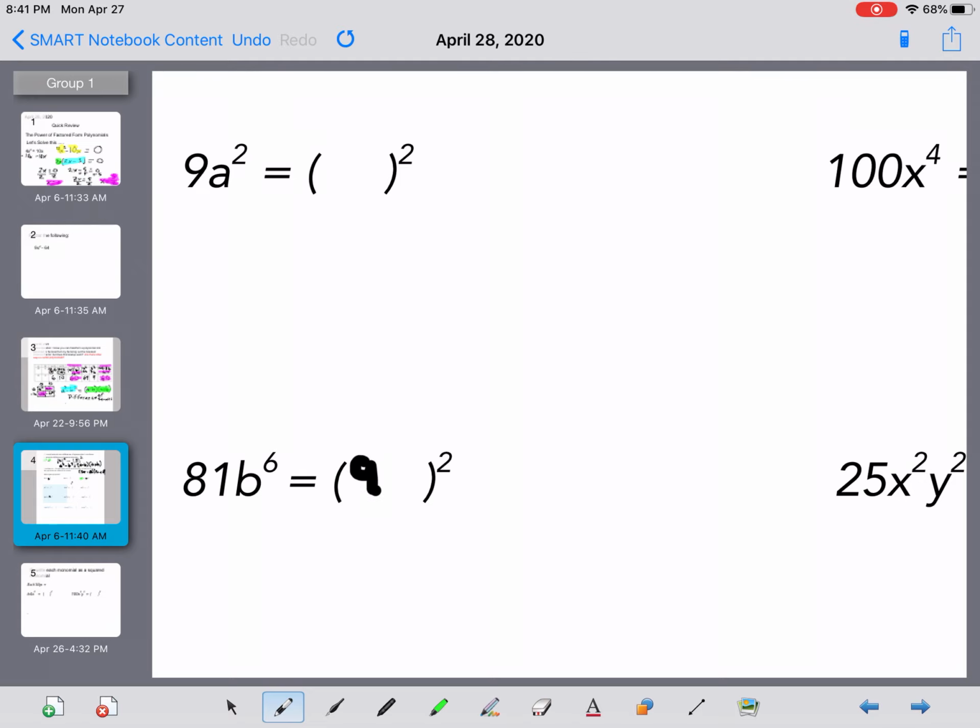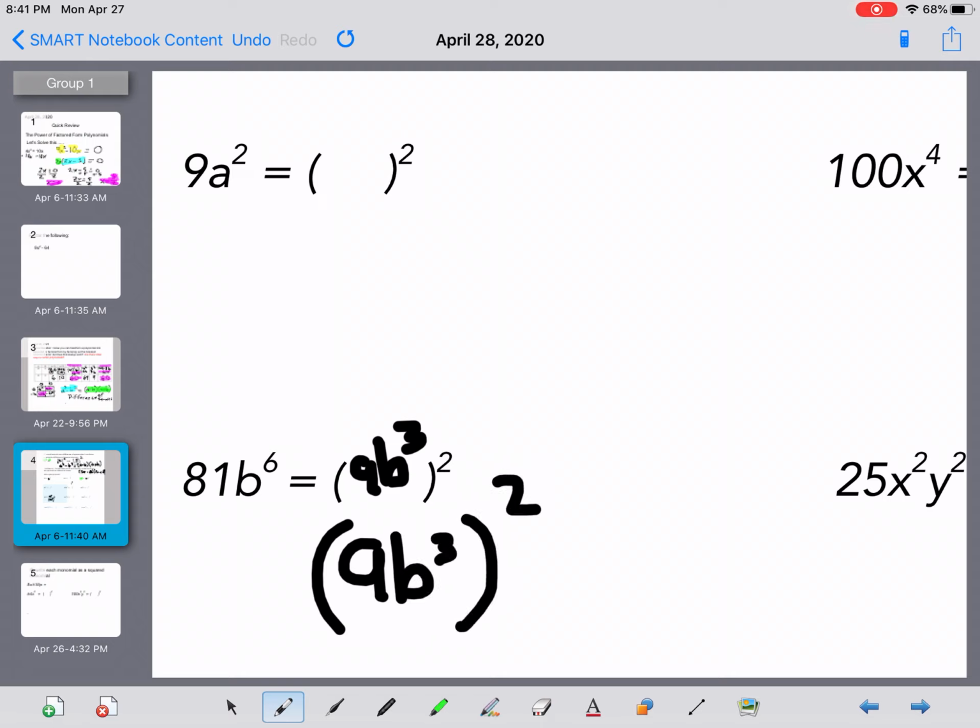Well, it's got to be b to the 3rd power, because b to the 3rd power times b to the 3rd power will give me b to the 6th power. So it's 9b to the 3rd. So the way you write that out is this. I'm going to make it 9b to the 3rd power to the 2nd power is 81b to the 6th power.